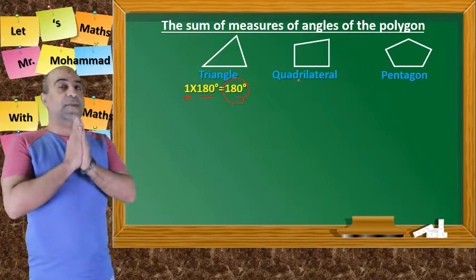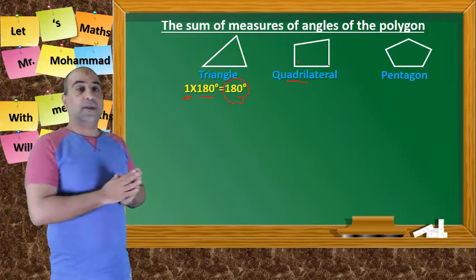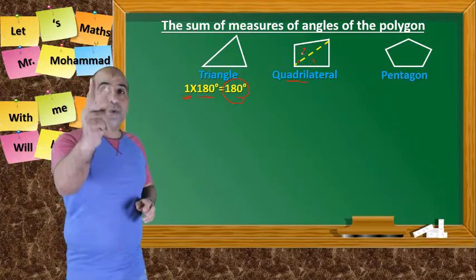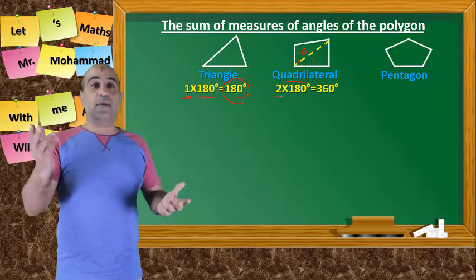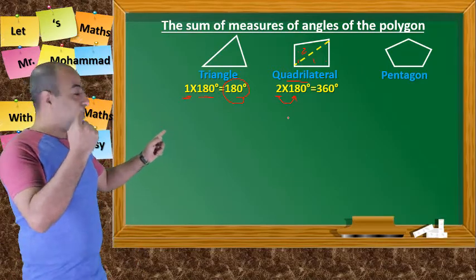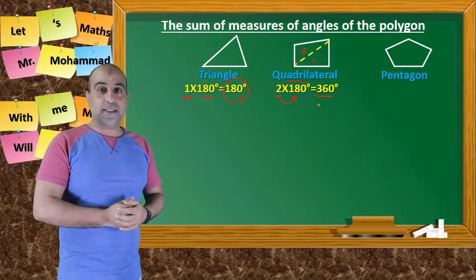So how can we find the sum of the angles of the quadrilateral? We can divide this quadrilateral into two triangles. We can find the sum of its angles from the two triangles. One triangle is 180 degrees, so 2 multiplied by 180 is 360 degrees.